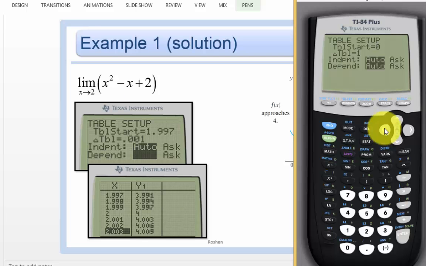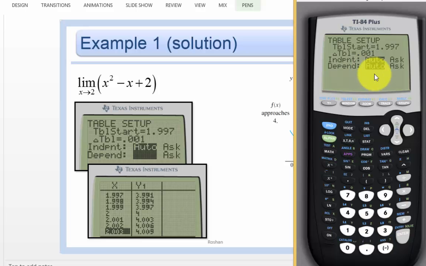Since we're looking for the limit as x approaches 2, we want to start a little bit to the left, and I'm just going to start at 1.997. And this delta table means the step between my x values, so I'm going to make that pretty small. I like to, by default, just think of 0.001. That's pretty safe.